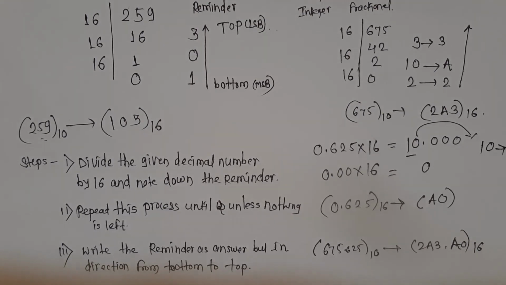In the fractional part, we multiply the given number by the base of that system, and the answer is the noted carries, written from top to bottom. These three things are important while converting from decimal to other number systems.